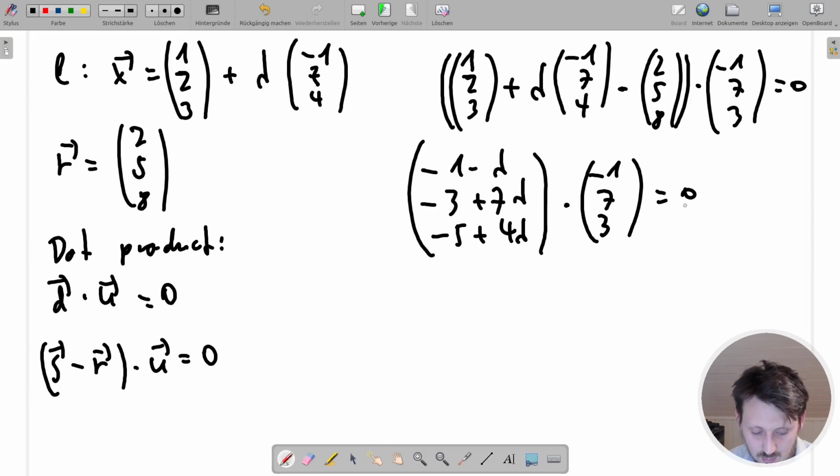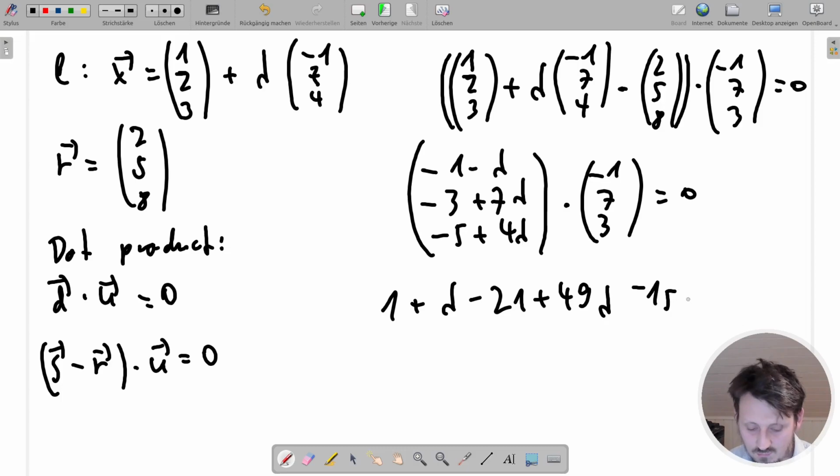This vector times (-1, 7, 3) has to be equal to 0. Then we only have to calculate this dot product, and this gives 1 plus lambda, the product of the first coordinate, minus 21 plus 49 lambda, minus 15 plus 12 lambda, equal to 0.